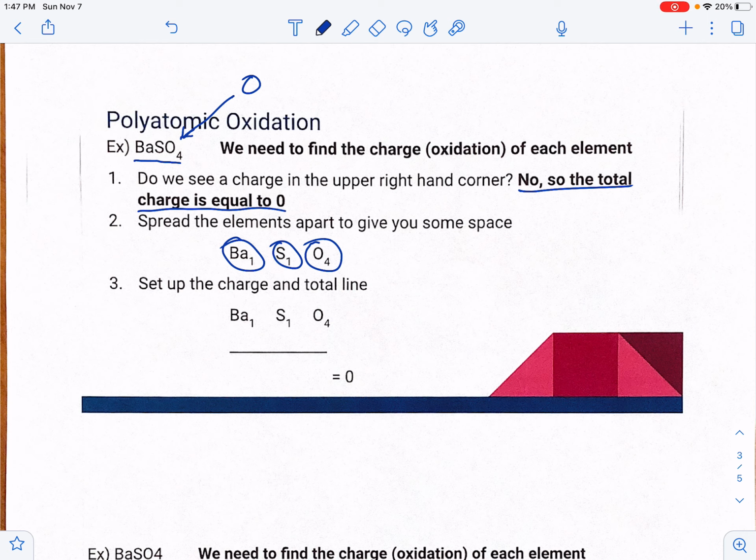The charge of each one will be right here, and then the total charge of each one will be right here. We know that our total has to equal 0 right here. So that's your next step: after you spread them out, draw your total line or your sum line, and it's equal to 0.